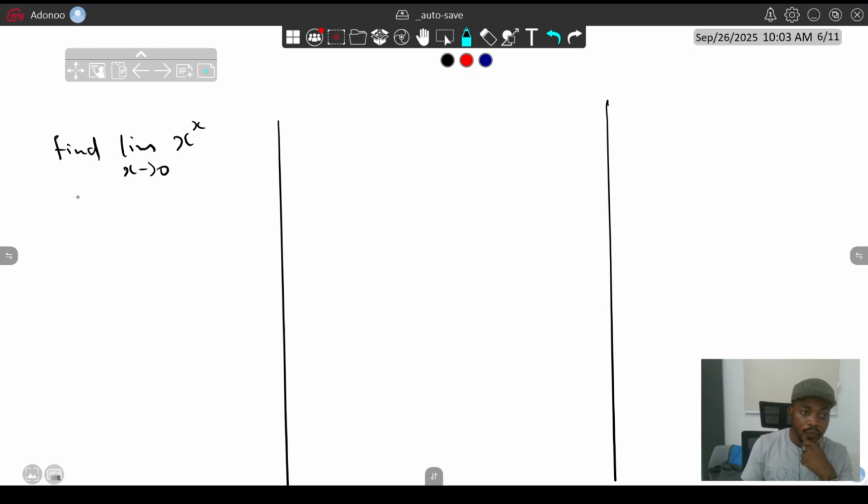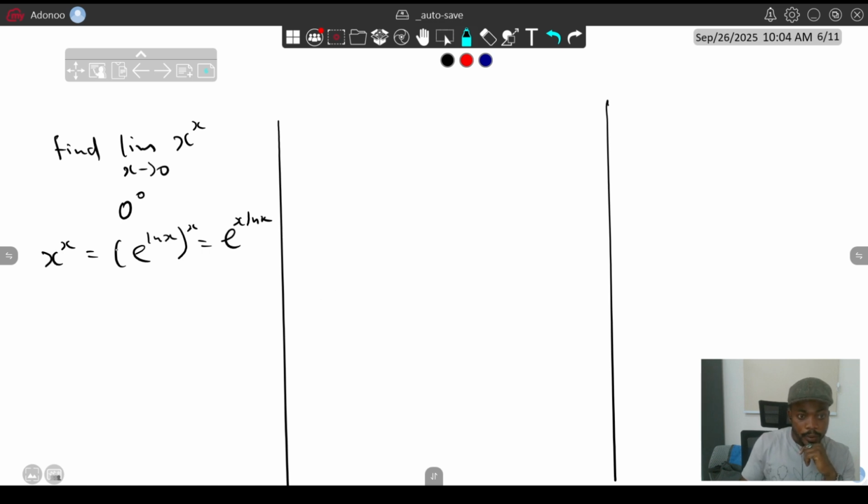Okay, so clearly here, if we insert the limit point, which is 0, we have 0 raised to the power 0, right? Which is one of the indeterminate forms. So here also what we can do is, we can say that x raised to the power x is equal to e raised to the power ln x raised to the power x, right? And then this is the same as saying e raised to the power x ln x.